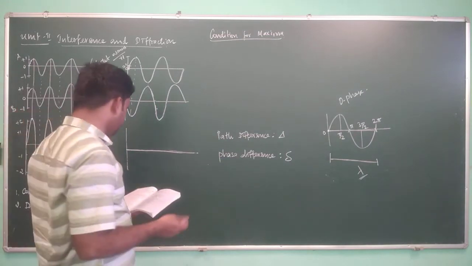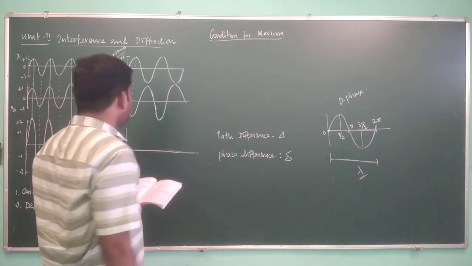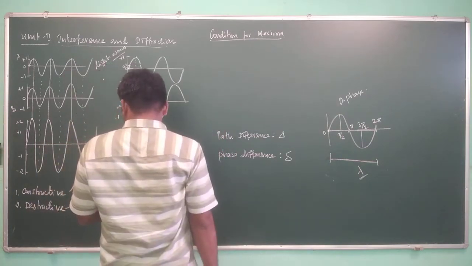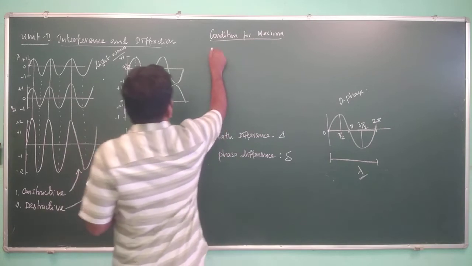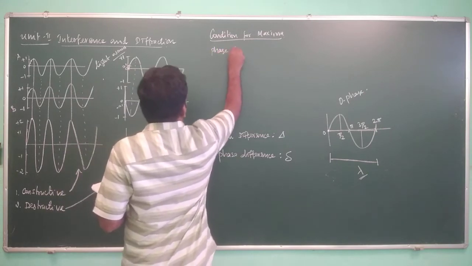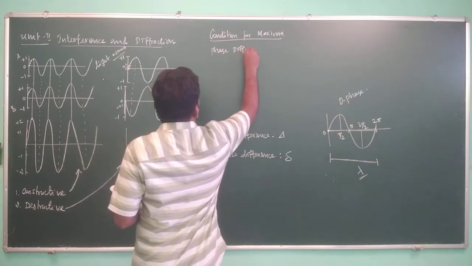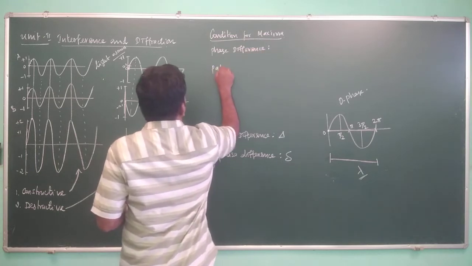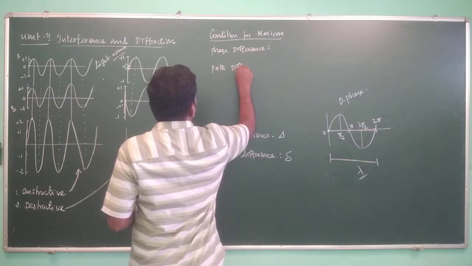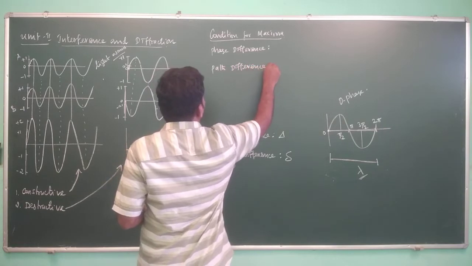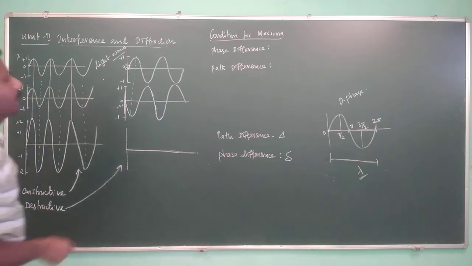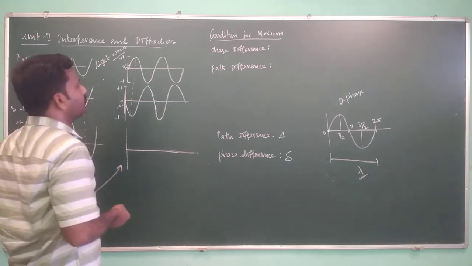Now, for the maxima, what would be the phase difference? What would be the path difference? When the maxima, that is the constructive interference, is to happen, what should be the phase difference between the two waves?